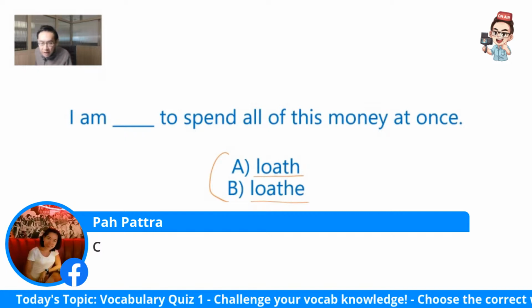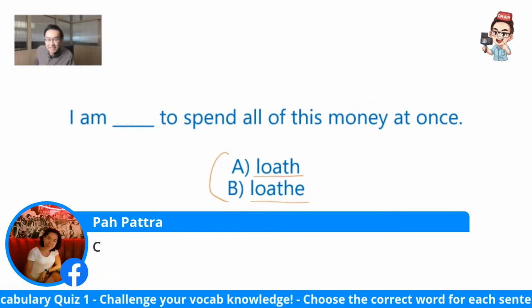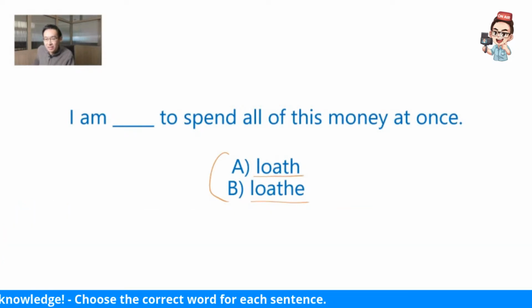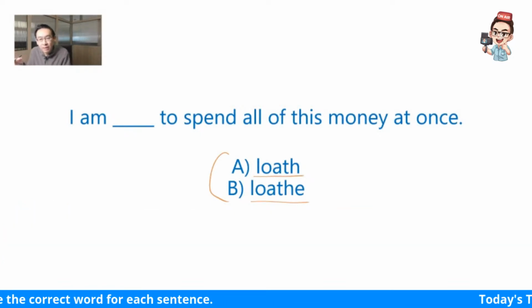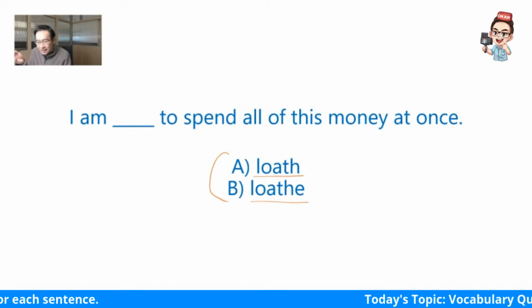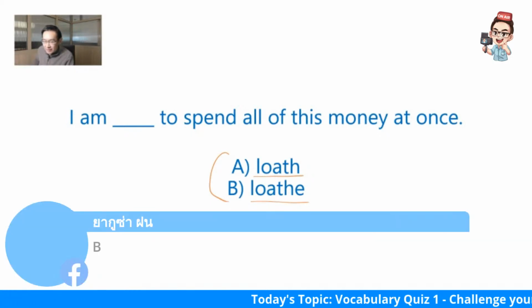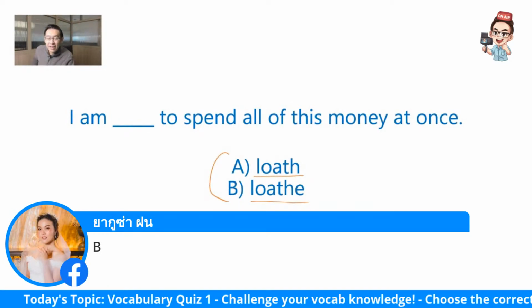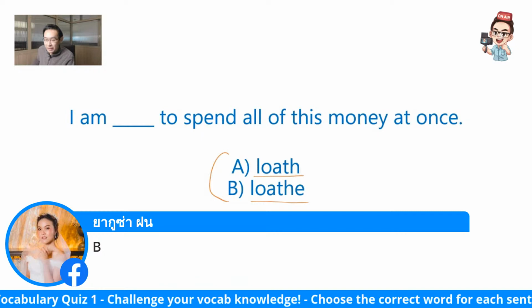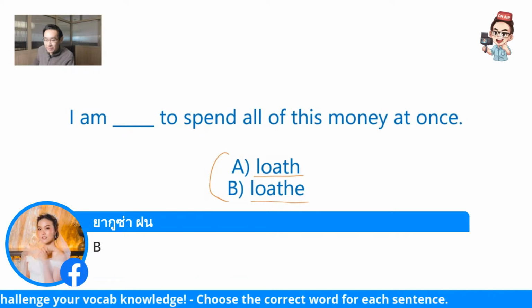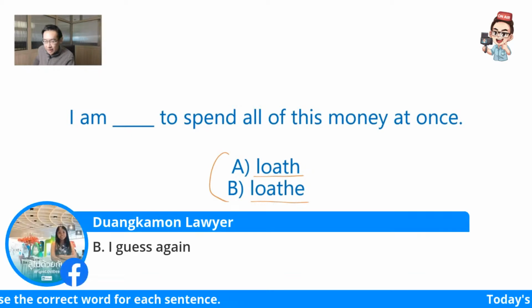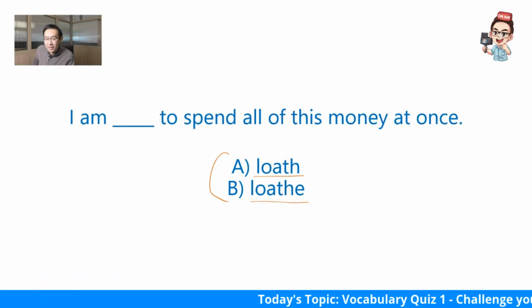So sorry, but there is no choice C. Is it A or B? Have a go. I know it's a new word. These words may be new, but yes. Okay, we have B from Yakuza Phone. Thank you for answering. Any more guesses? Okay, we have B, and it's a guess. Okay, thank you.